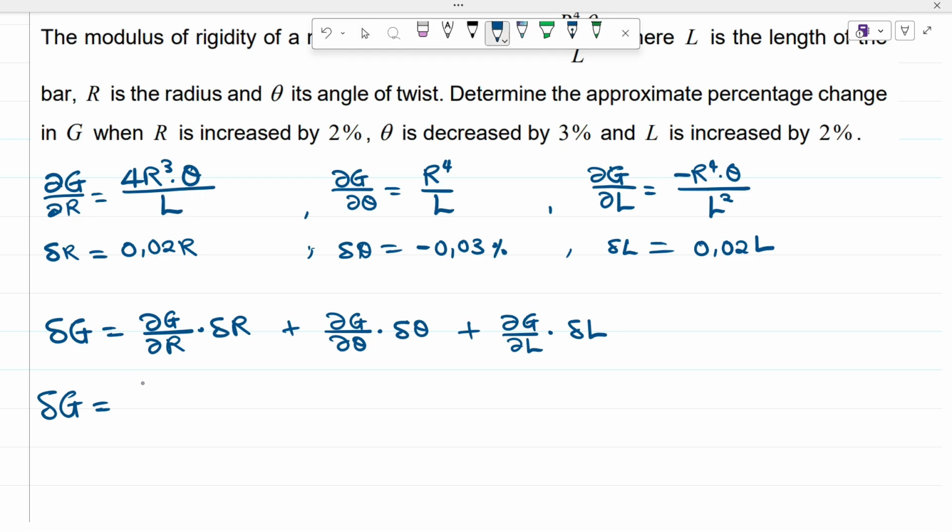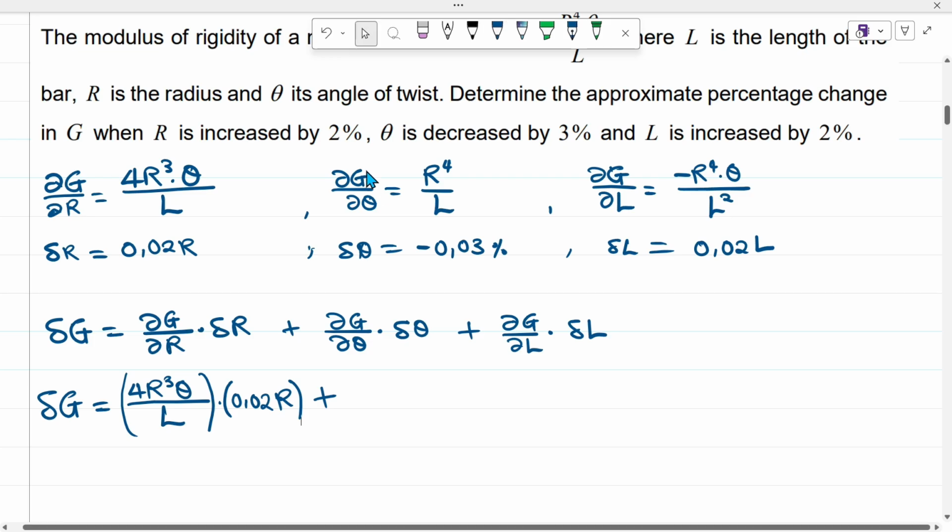So R cubed theta divided by L. This is how it's going to be, and then you multiply it by the percentage change, which is going to be 0.02 R, and then we say plus.